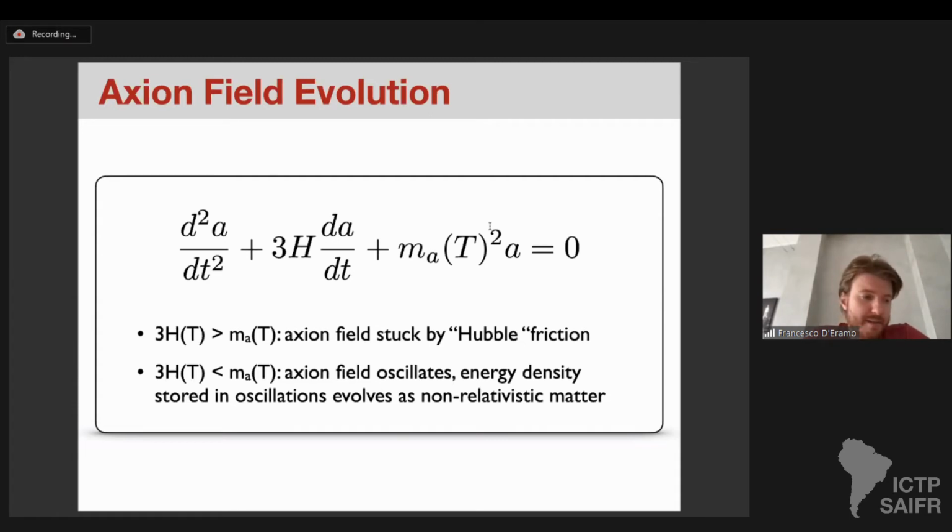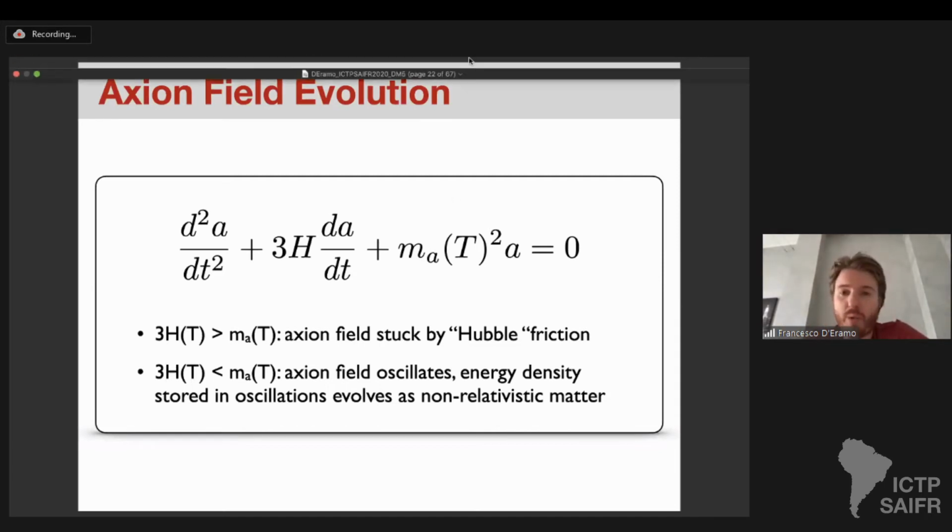Keeping in mind the classical mechanics analogy, this is a comparison between how effective the friction term is with respect to the force term. So imagine a harmonic oscillator with a friction force. You have to know which effect is dominating and driving the motion of this field.